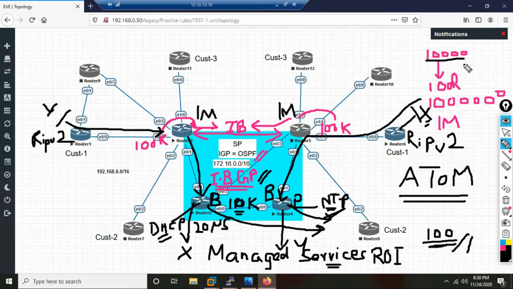Normally it can be $10, maybe even $50 for a customer. Still, the service provider can make maybe $500 or $1,000 a month extra without doing anything.